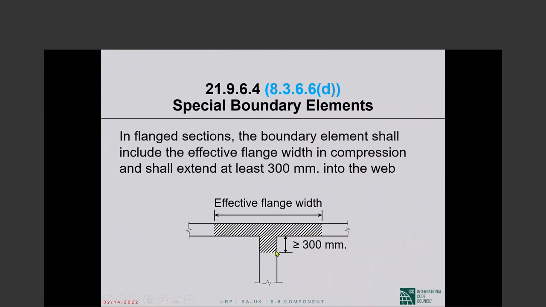You may have to go more than 300 millimeters if you need it, but the entire effective flange width will be part of the confined boundary zone. You have to specially confine it. So hopefully that answers your question. I don't quite understand what you are asking, but this is what it looks like: a specially confined boundary zone for a flanged section.